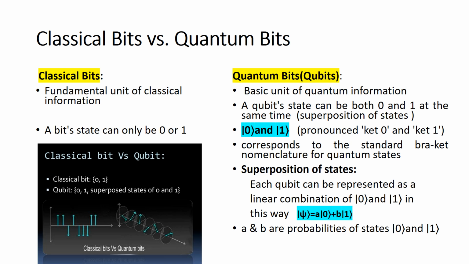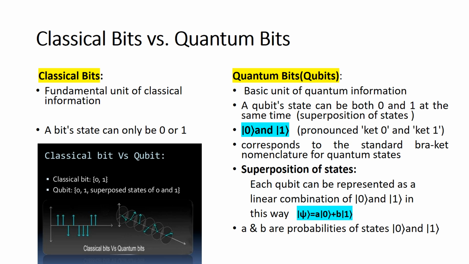A qubit state can take values both 0 and 1 at the same time, which is referred to as superposition of states. These states 0 and 1 are pronounced ket 0 and ket 1. The symbols are highlighted here in blue, which corresponds to the standard bracket nomenclature for quantum states.